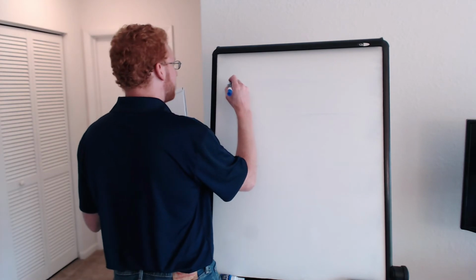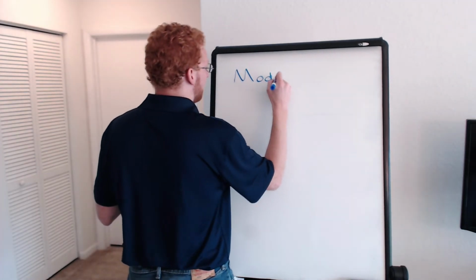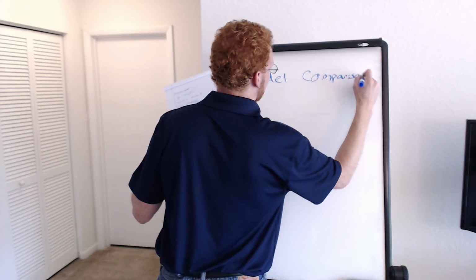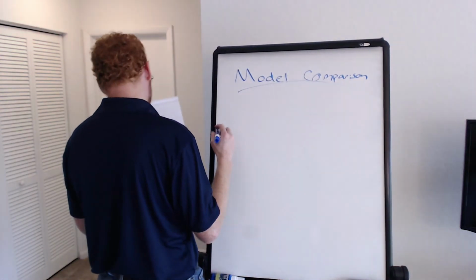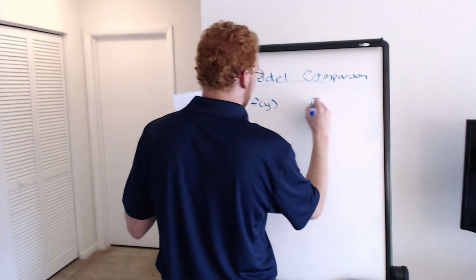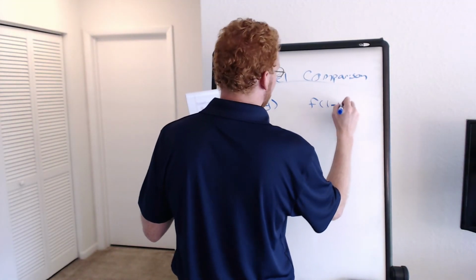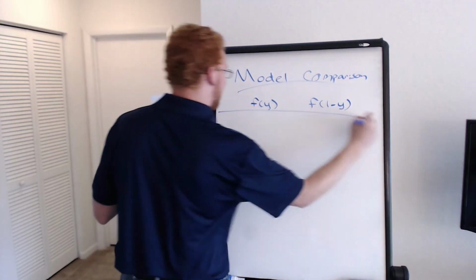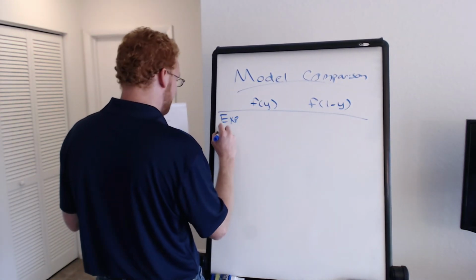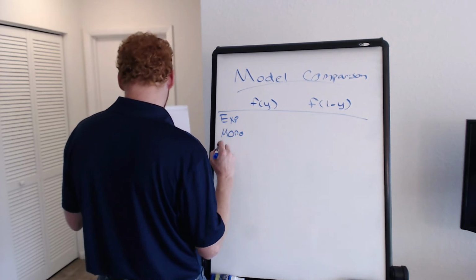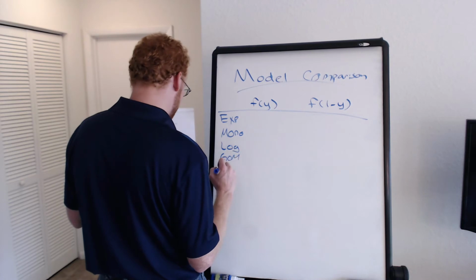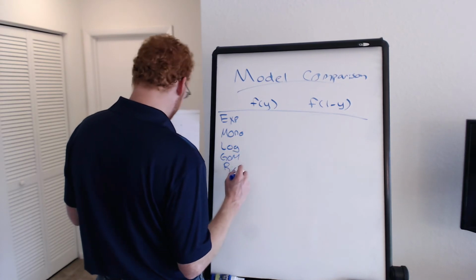So, model comparison. You have f of y and f of 1 minus y, and you have exponential, monomolecular, log, Gompertz, Richards.